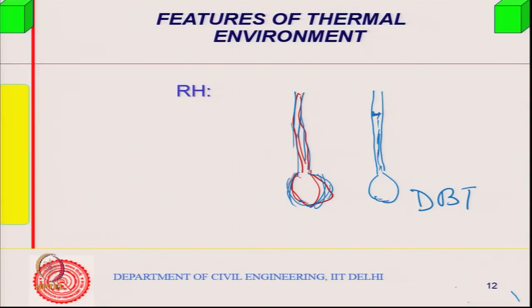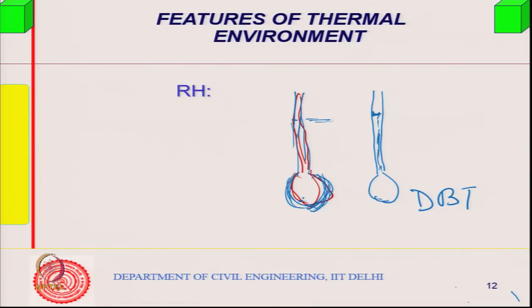Now, supposing the relative humidity is 100%, where will be the reading of this thermometer? It will be the same, because this is wet and nothing can evaporate. But supposing the relative humidity is low, then what will happen?